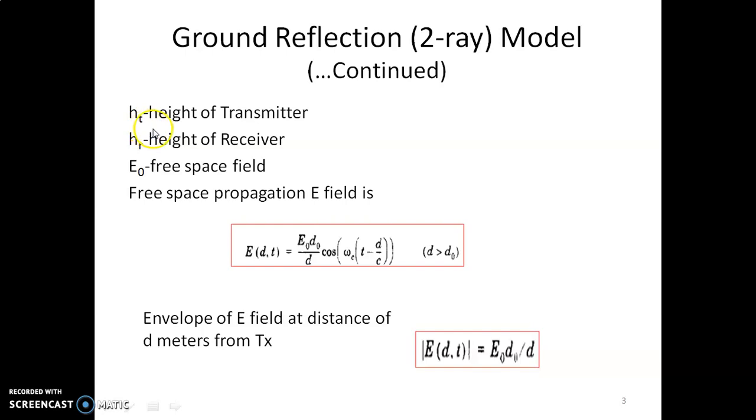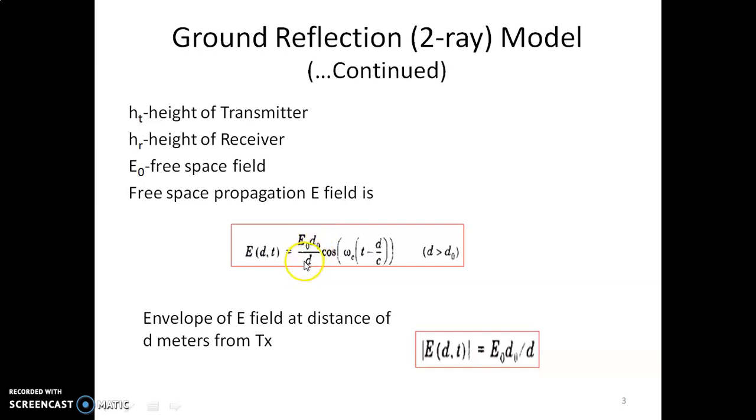HT represents the height of the transmitter, HR is the height of the receiver, and E0 is the free space field. The free space propagation electric field is written like this. E represents the electric field. It is a function of distance as well as time.